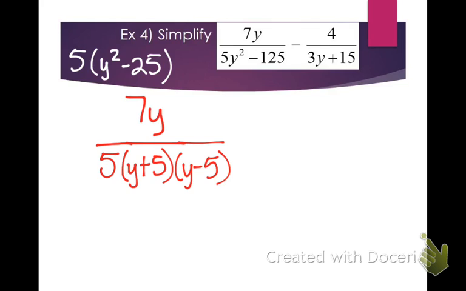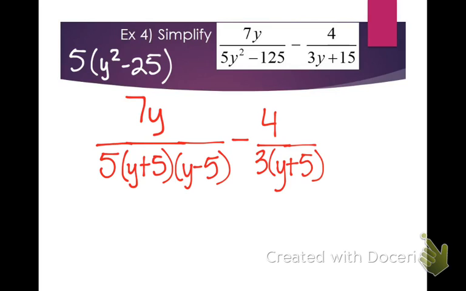Questions about factoring that first denominator? There's a big minus sign in the middle, 4 over, what can I factor out from my second denominator? 3 parentheses, y plus 5, good.